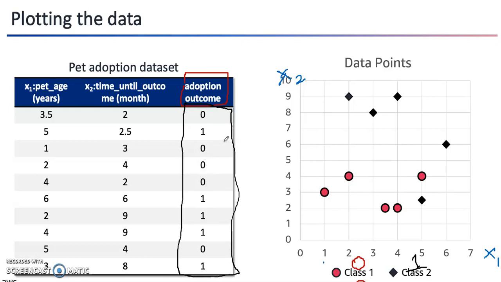This is a binary classification with two classes. One class is represented with the color red in filled circles, and another class is represented with the color black, with diamonds. And that's the display we have in this two-dimensional plane. By performing a machine learning model, the visualization of this model is to recognize regions in this two-dimensional space.